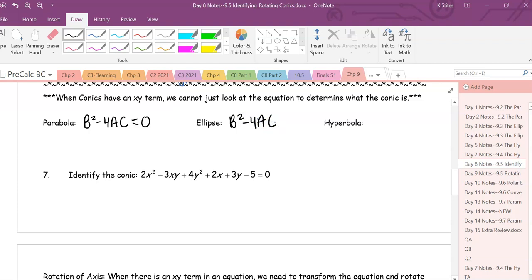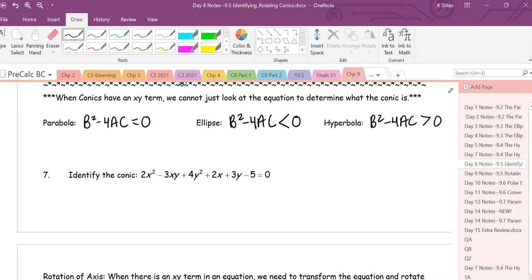If you have a parabola, b squared minus 4ac equals 0. If you have an ellipse, b squared minus 4ac is less than 0. And if you have a hyperbola, it is greater than 0. So ellipse less than 0, hyperbola greater than 0.